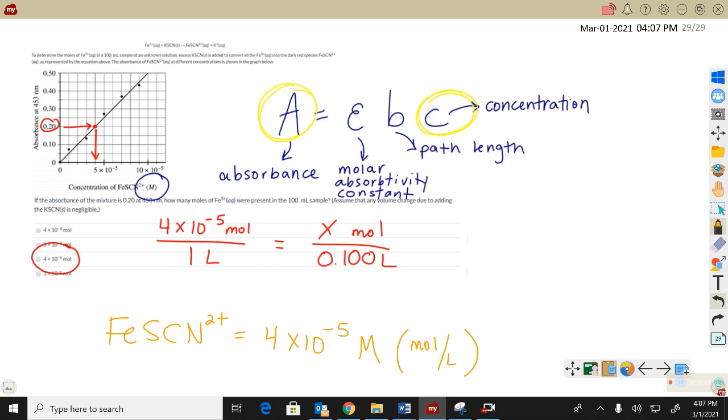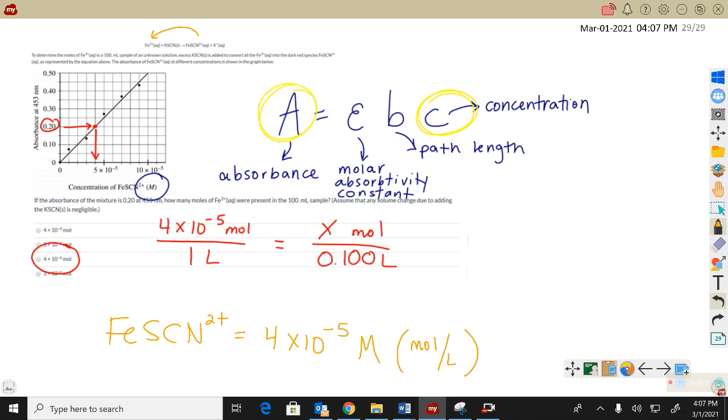Okay, well now if I look at the balanced equation, I am asked about the moles of iron present in the sample. Well, I see that it's a 1-to-1 ratio, so there must also be 4 times 10 to the negative fifth moles of iron per liter.